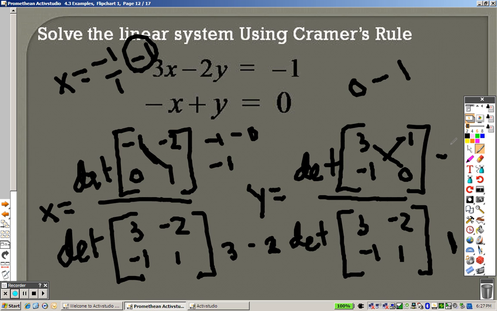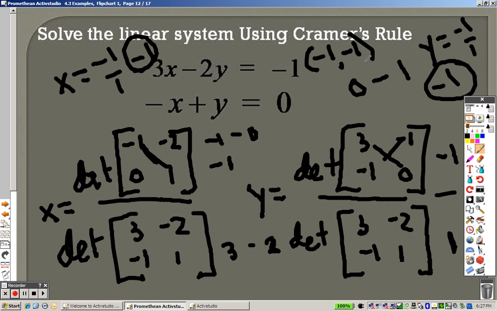So that's like saying -1 divided by 1. And that means that Y is -1 over 1, or Y is -1. So what does that mean? That means our answer is the point -1, -1 works. I plug a -1 in here and here, and I'll get that as my answer. That's what that means.